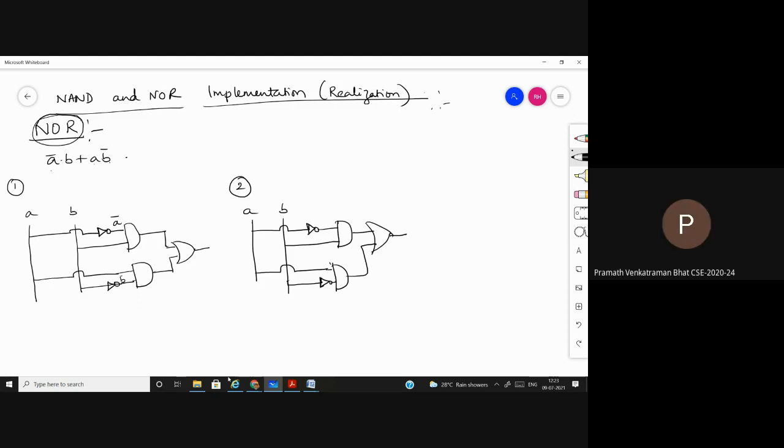Sir, at the input of AND and output of OR. For NOR realization, at the output of OR, put a NOT gate. At the input of AND, put a NOT gate. How many inputs do you have? That many NOT gates you should insert. 2 inputs, 2 NOT gates.